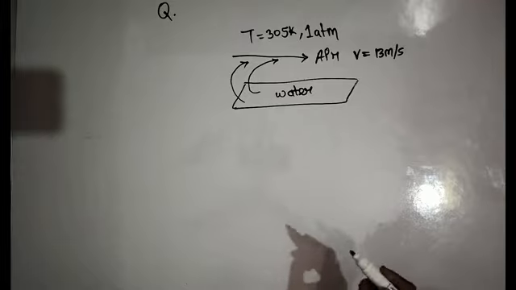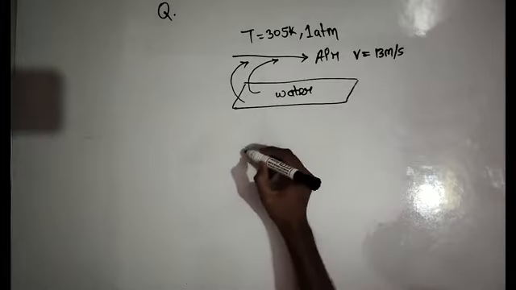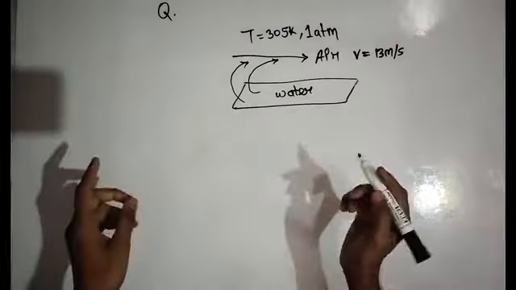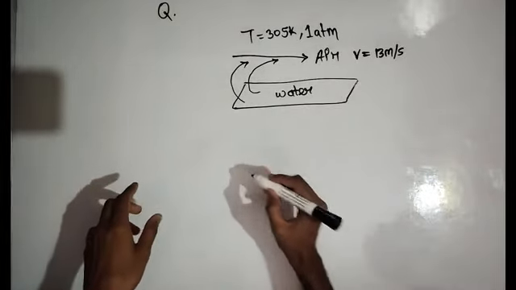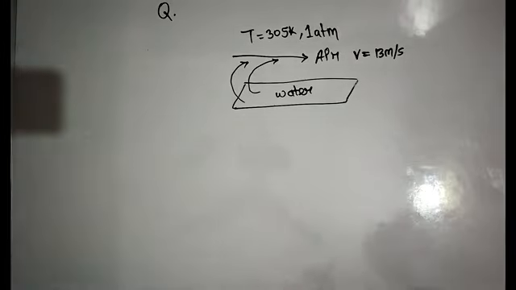So to calculate that, we need to calculate mass flux, mass flow rate, and then from mass flow rate we can calculate the total water loss per hour per meter width of plate. So first we will write the given data from the question.